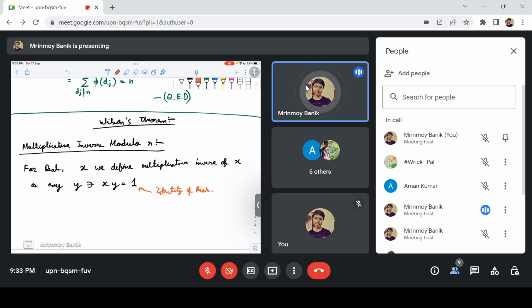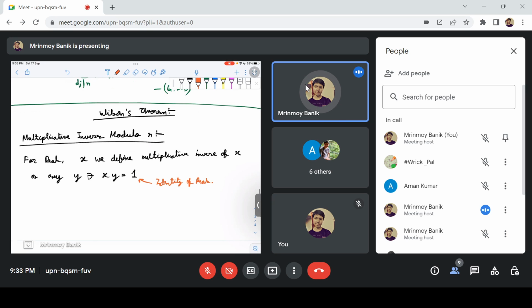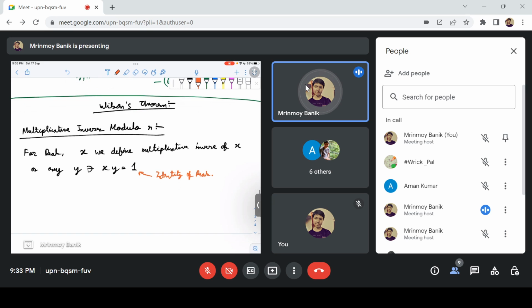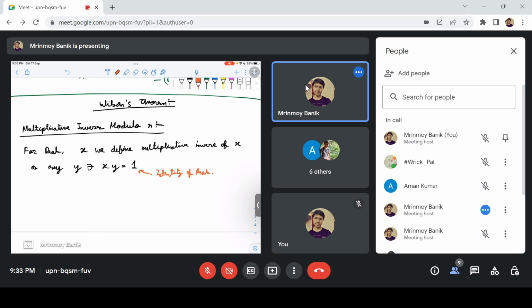So one is considered the multiplicative identity of real numbers. So anything that gives that identity when multiplied with x is a multiplicative inverse of x. And since for real numbers we're used to writing the multiplicative inverse of x as simply 1 by x, y is 1 by x.